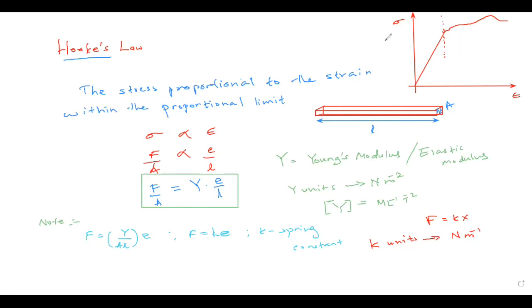Within the proportional limit, we know stress is proportional to strain. So if I consider the gradient of this graph, what will I get? What is the gradient of this graph? Probably strain. No. Strain energy. Okay, consider this from here.